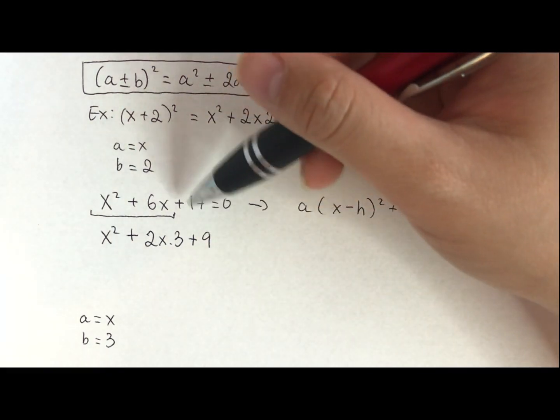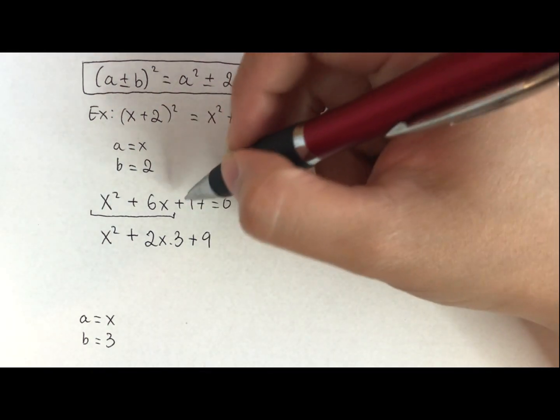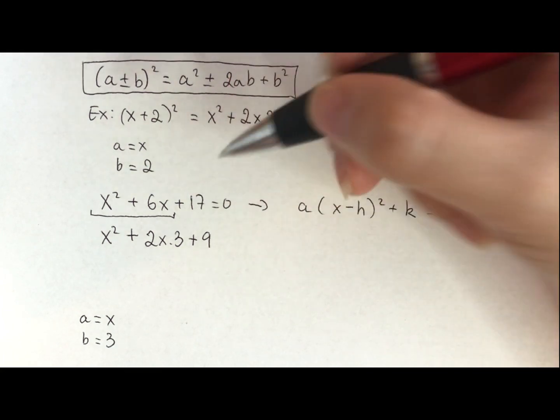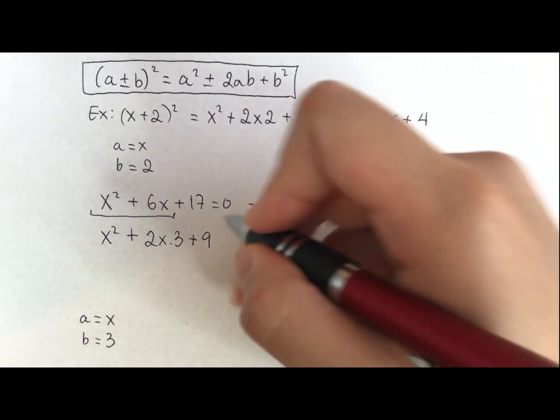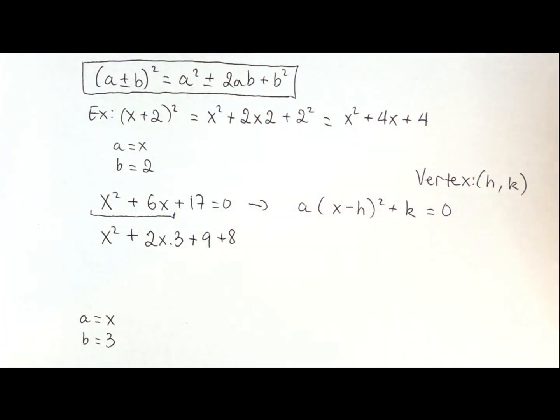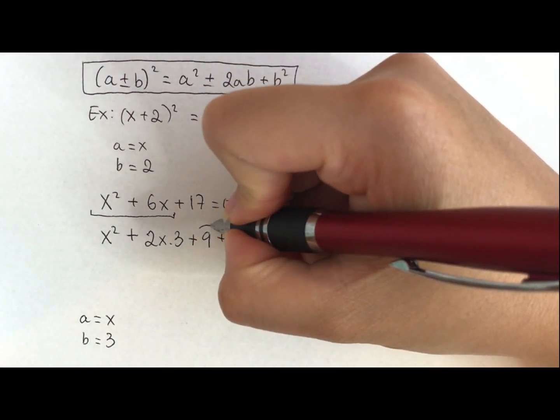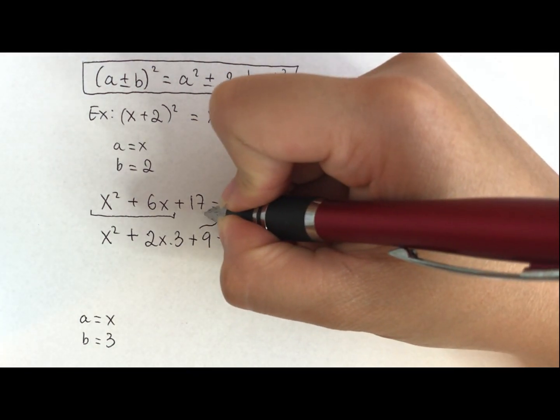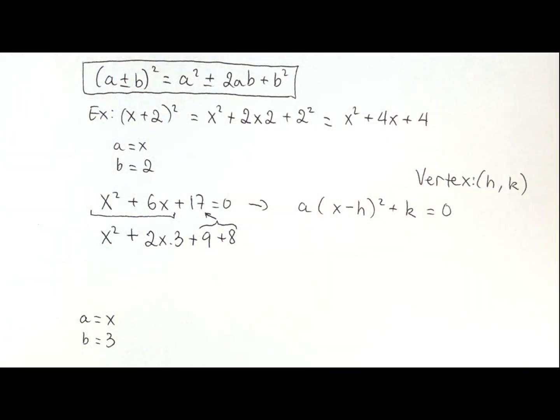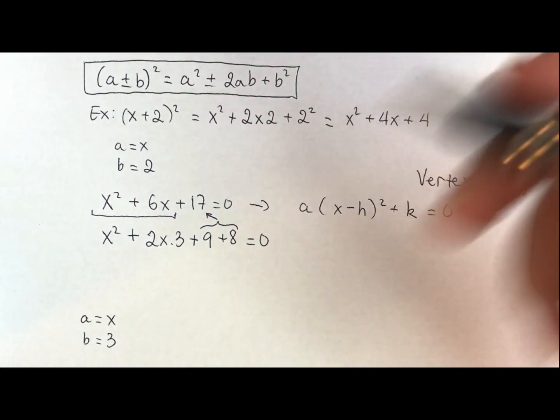But remember, we need them to stay equal. So at the beginning, we have a 17. We only need 9. So we still have 8 left. 9 plus 8 is 17. So now we're just going to simplify it.